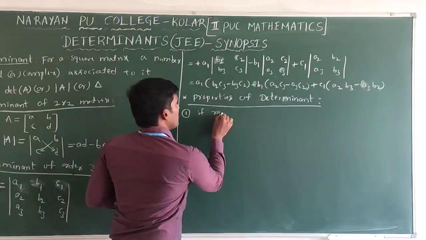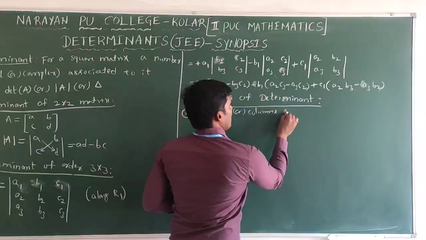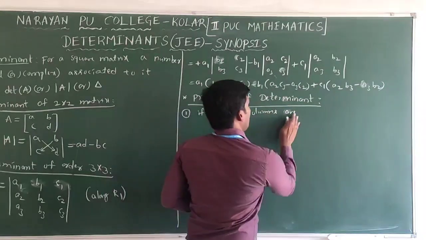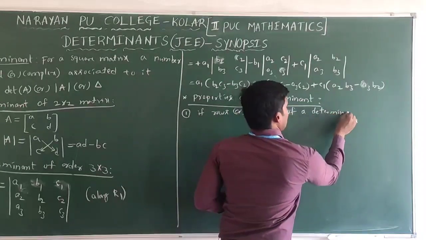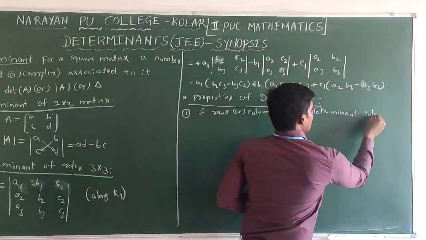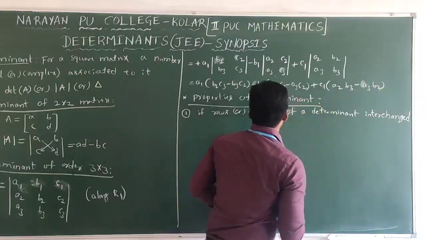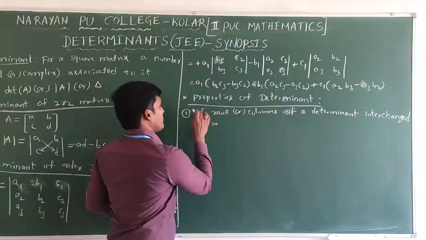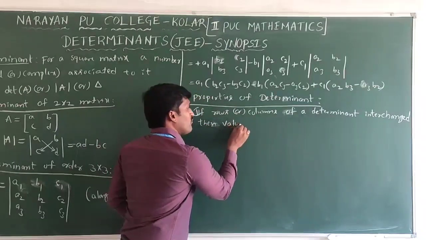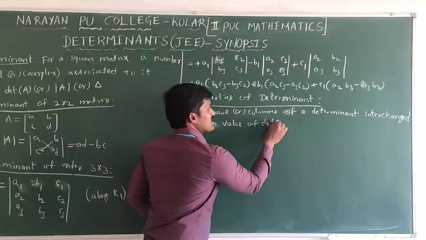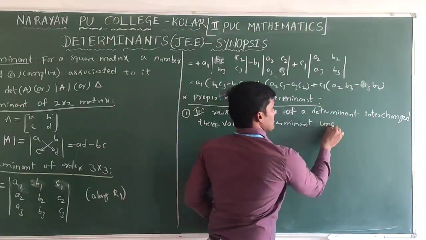If rows or columns of a determinant are interchanged, then the value of the determinant is unchanged.